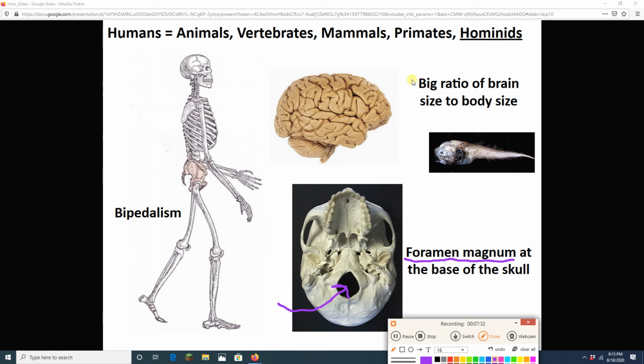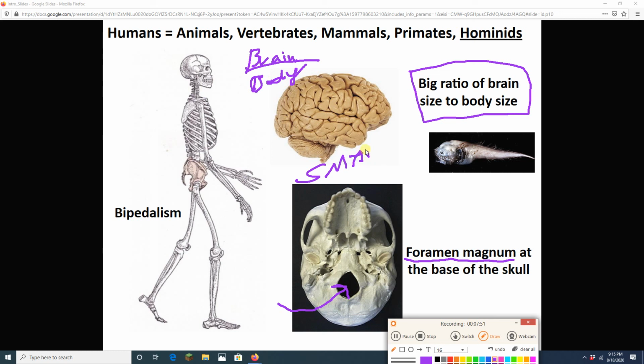Plus, we have a big ratio of brain size to body size. If you divide the weight of your brain by the weight of your body, humans get a big number. And that makes us smart. That little fish right there has the lowest ratio, so he's not so bright.